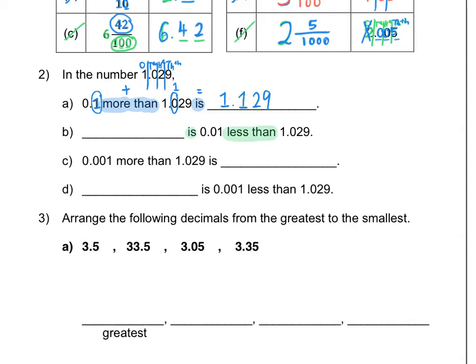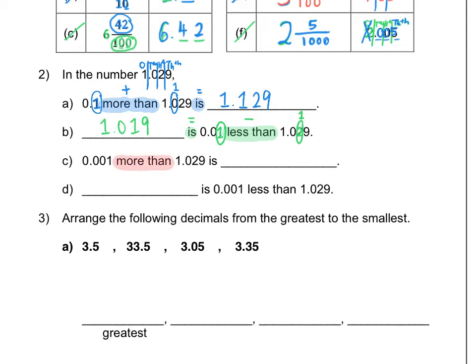So same thing, we are going to label. Less than means minus, is means equal. So in 0.01, the digit 1 is in the hundredths place. So from the number 2, you minus 1, it becomes 1. The other digits remain the same. So your answer for part B should be 1.019.